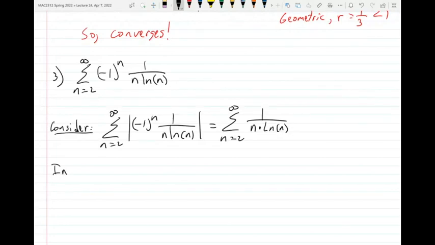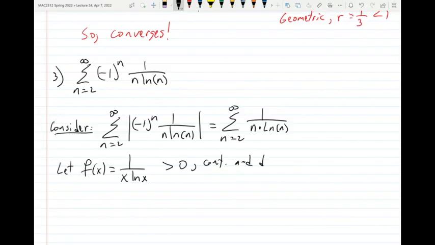The integral test applies because, consider, let f of x be the corresponding function. What's the corresponding function? 1 over x ln of x. So this clearly is greater than 0, continuous, and decreasing for x greater than or equal to 2, right?